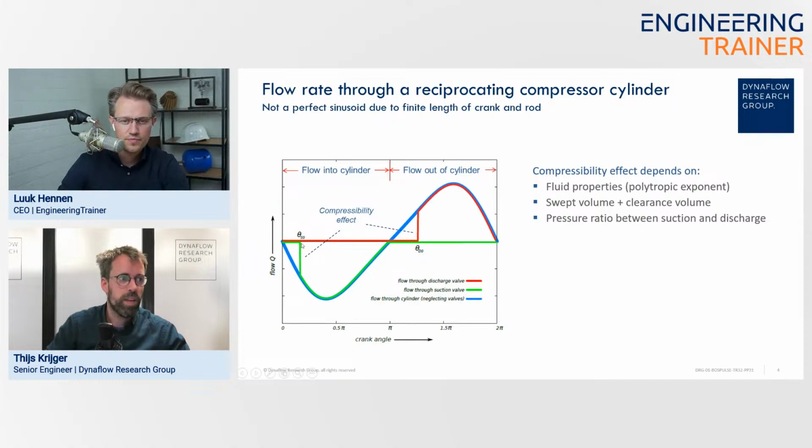Yeah, and then this green line shows, let's say, the gas moving into the compressor cylinder. Right. Then when we got to the other side, that valve closes, so there'll be no flow going back out. Yeah. We see the green line staying at zero. Staying at zero, yeah. And then the red line will show the flow out of the cylinder. Right.